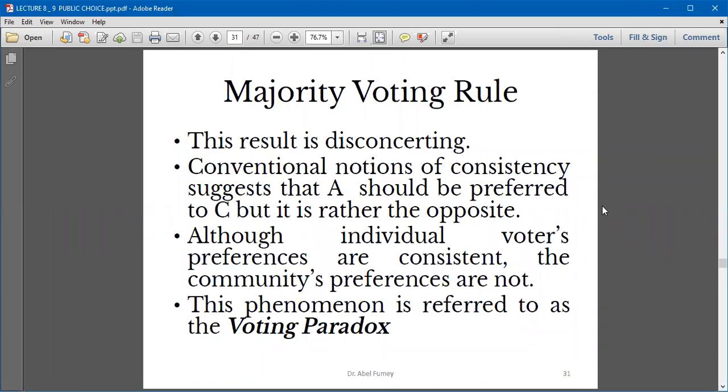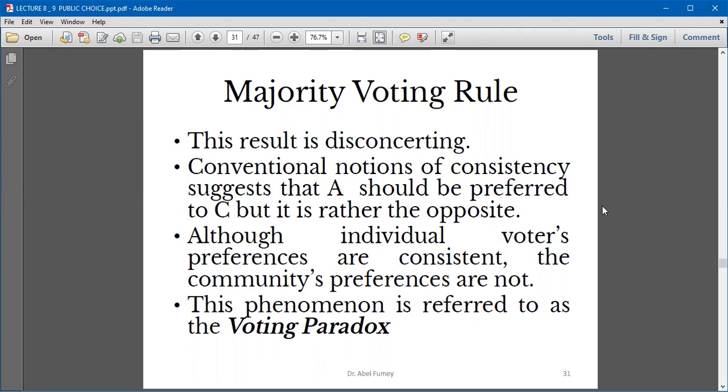As I was saying, some of the preferences, like the set in table 2, weren't logically consistent. A is preferred to B, B is preferred to C, but then C is preferred to A, which was supposed to be otherwise. If you take the individual preferences, those are logically consistent.